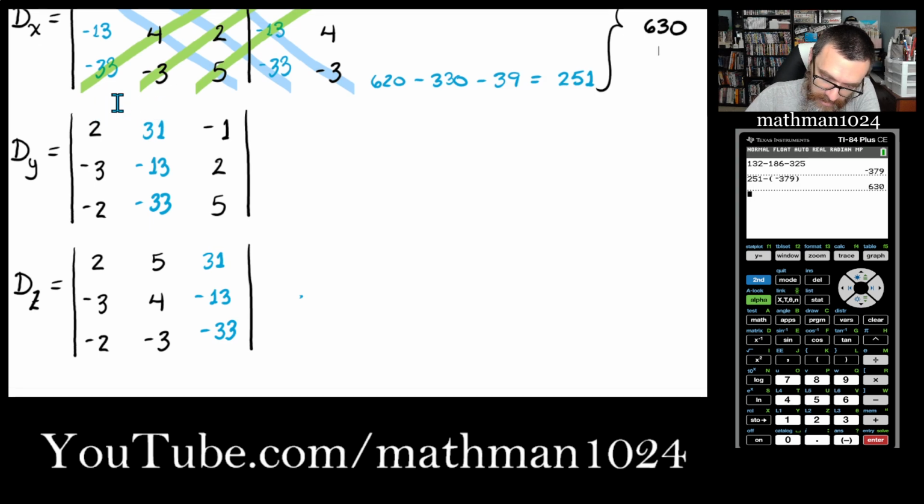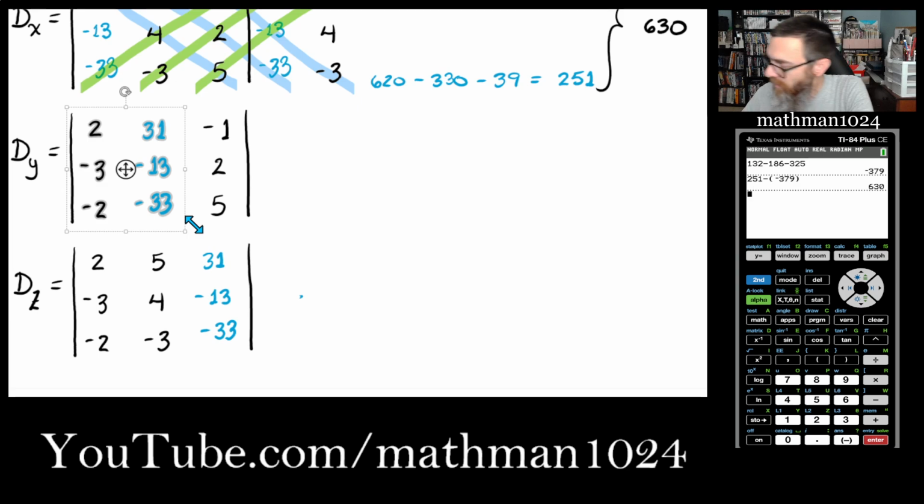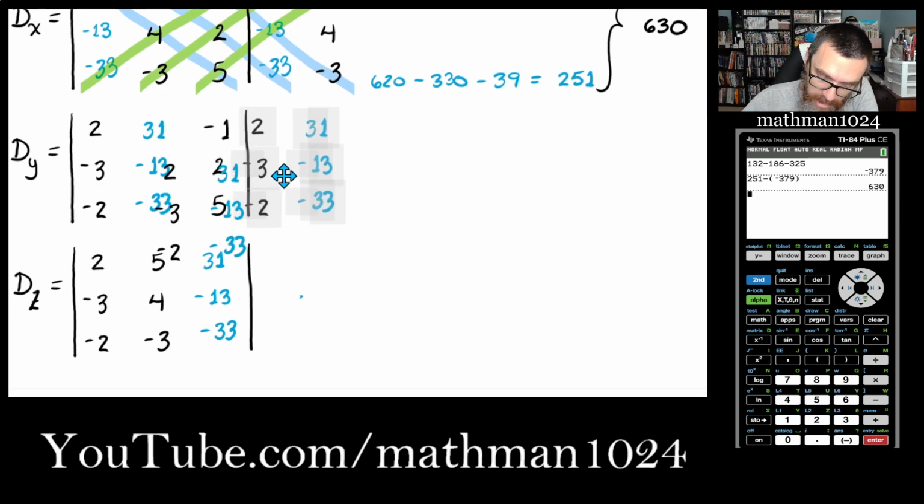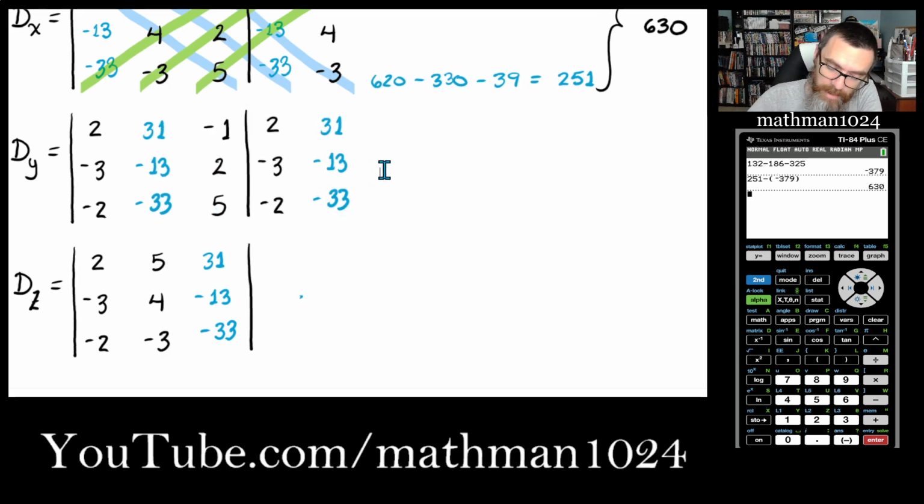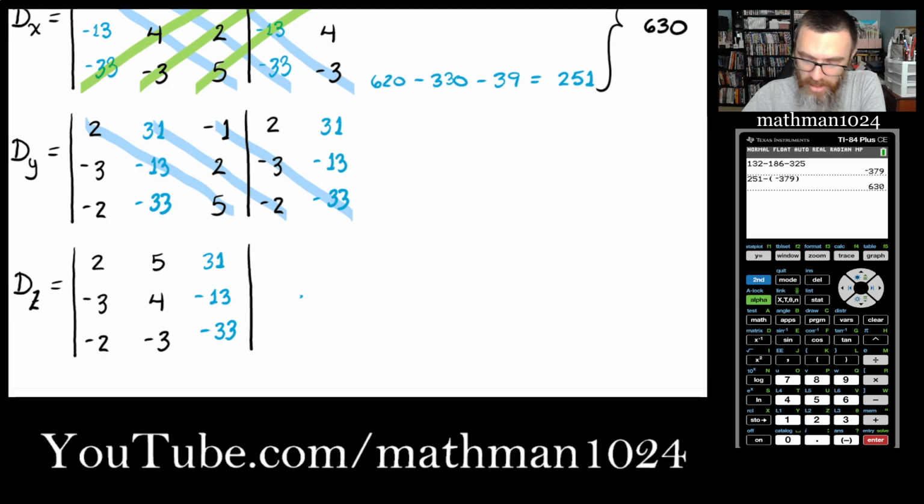Next we have this one. Oh, I grabbed too much. I don't want to grab all of that. There we go. All right, so we copy this one, and let's do our diagonals. 2 times negative 13 times 5, so that's negative 130. 31 times 2 times negative 2, 4 is minus 124.